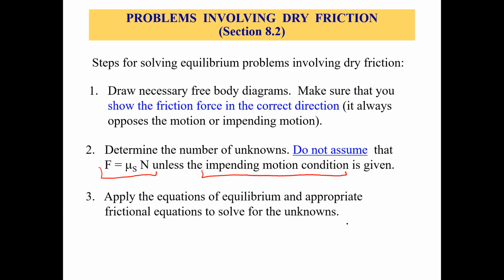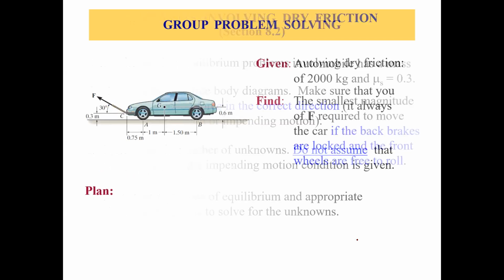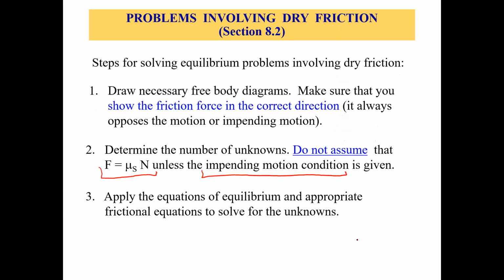Now we know the unknowns, so we can apply the equations of equilibrium and appropriate frictional equations to solve for them. This is how we can solve any problem involving friction.